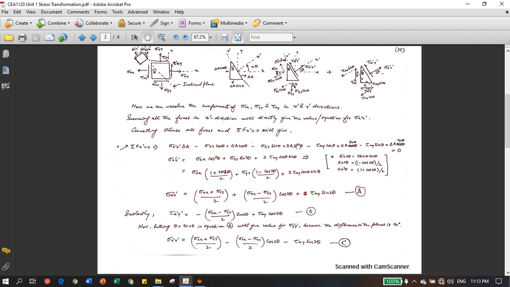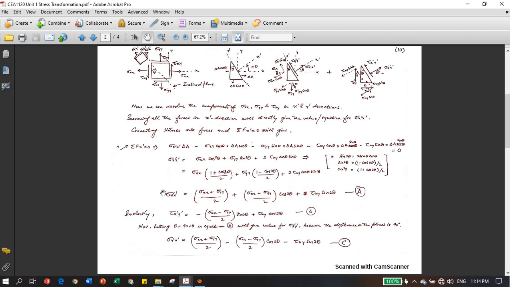So you can directly calculate the values, and what we are getting here is sigma x cos square theta, sigma y sin square theta, plus 2 tau xy cos theta sin theta. We know the identities for the thetas, and we will replace them into lower terms, and putting these values, what we are getting here is this equation.